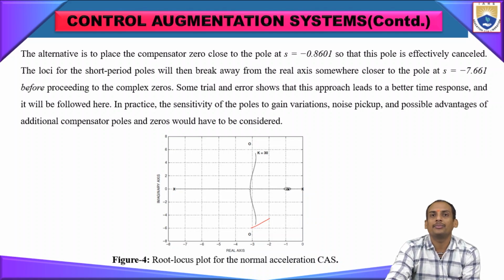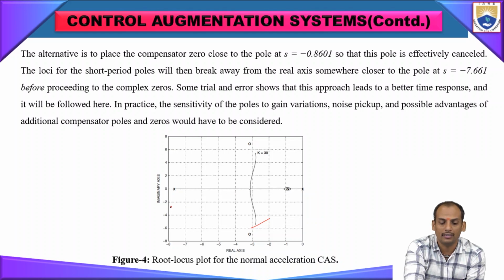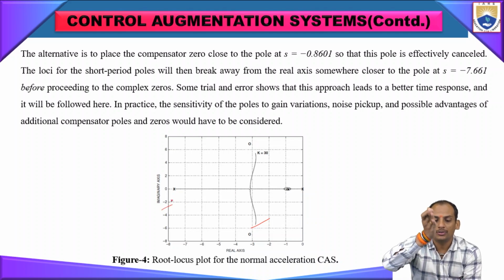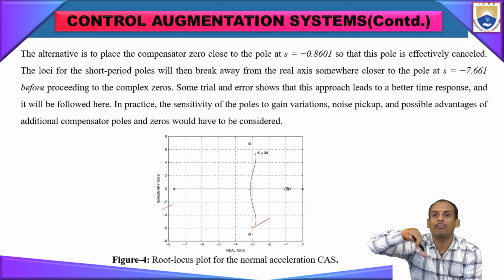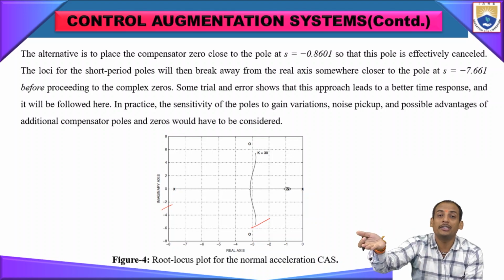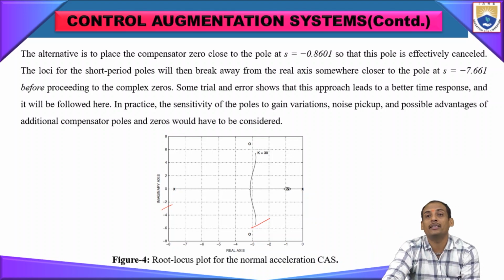Here this is the real axis and this is the imaginary axis. When it moves away from the imaginary axis, it is getting positive values, but more positive values are also not advisable here. It should be in between the design values only.